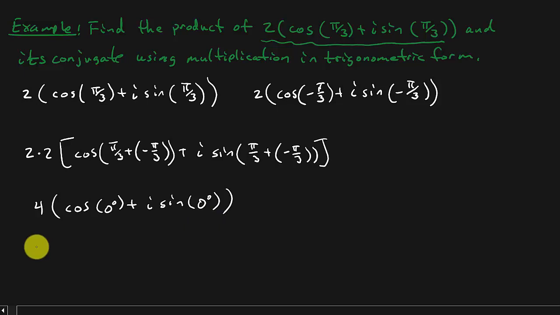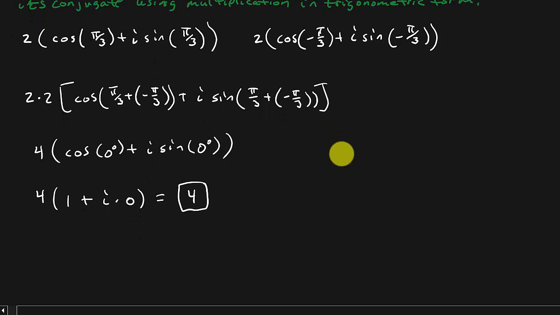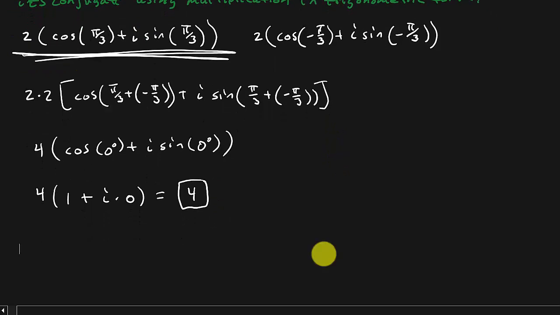And so that's going to be 4 times the cosine of 0 is 1 plus i times the sine of 0 is 0. And so that just leaves us with 4. All right. Leaves us with 4. So look, we've got our answer, 4.